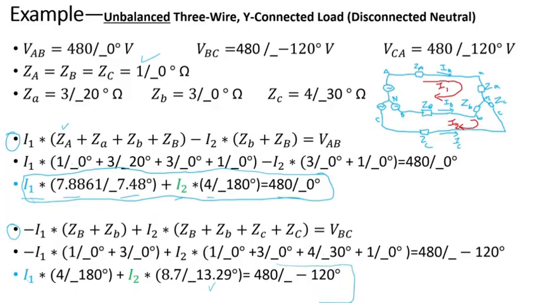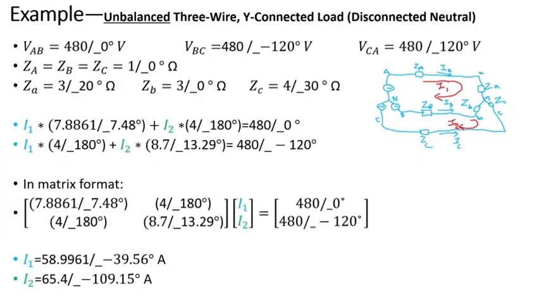I color coded them: I1 is in blue, I2 is in green. I showed the two equations here with values for simplicity. Now I can put them in matrix format. I1, I2 here, and the voltage is here. Then the terms that multiply I1 and I2 are here.